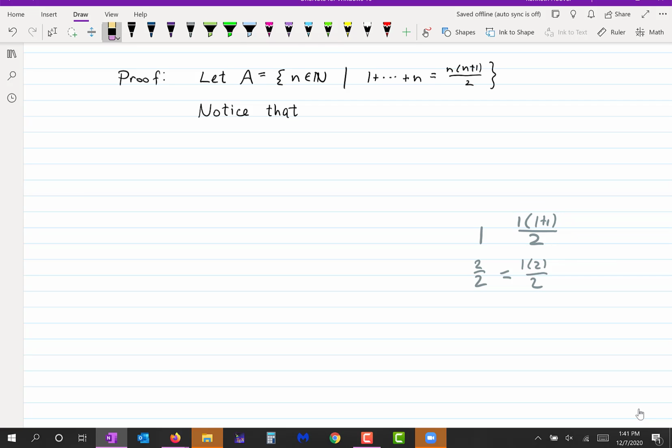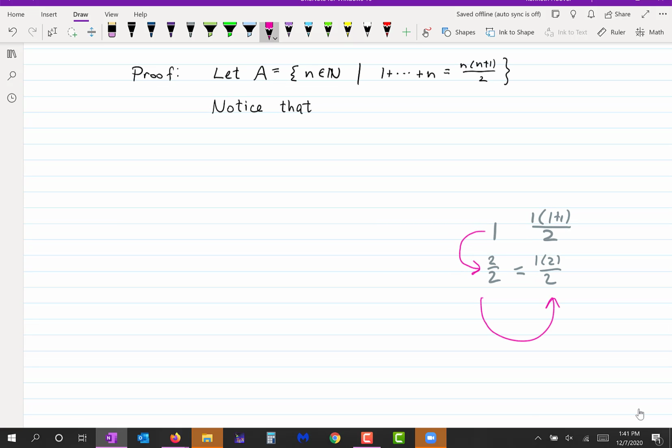So how do I get from here to here? You do it like this. 1 equals 2 over 2, which equals 1 times 2 over 2, which equals 1 times (1 plus 1) over 2. Okay, that's the order I write it in.